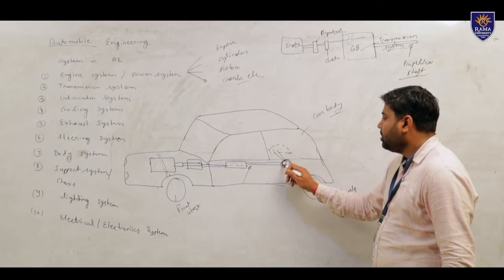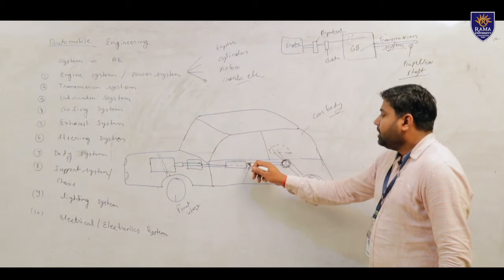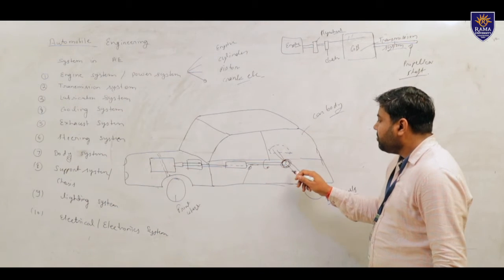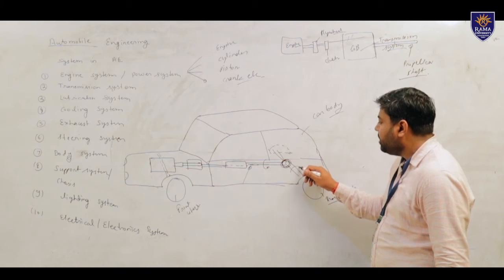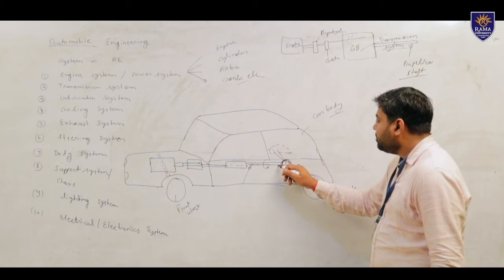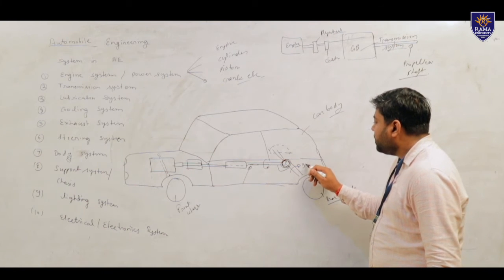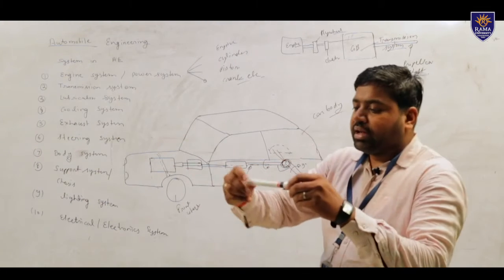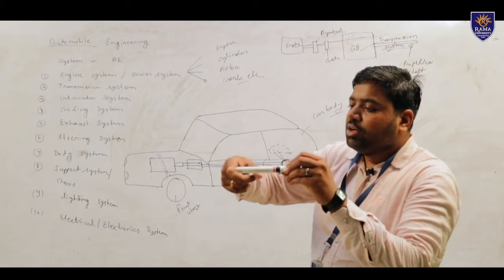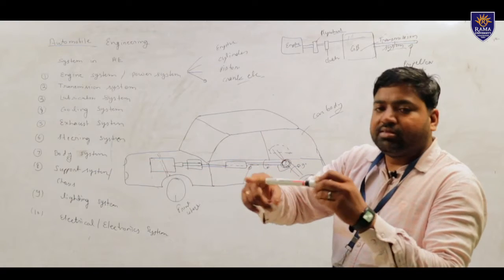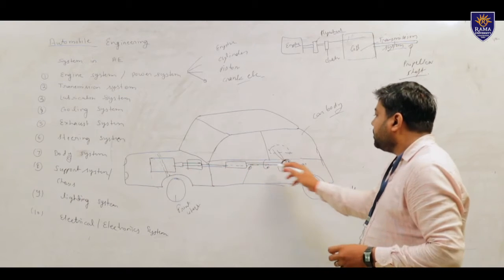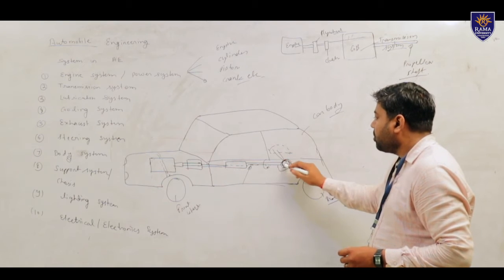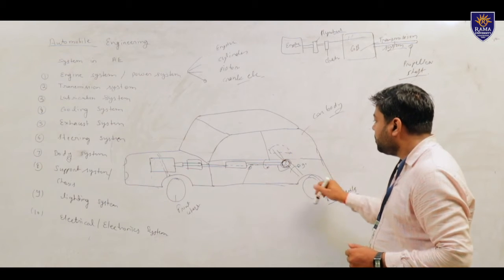Here is the differential. This differential will change the rotary motion by 90 degrees. This is the 90 degrees: if the motion is like this, the motion will then be converted like this. So the differential has gears, the sun and planet gears, that convert the motion into perpendicular motion to the rear wheels.